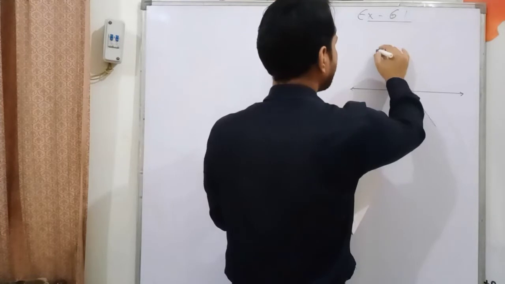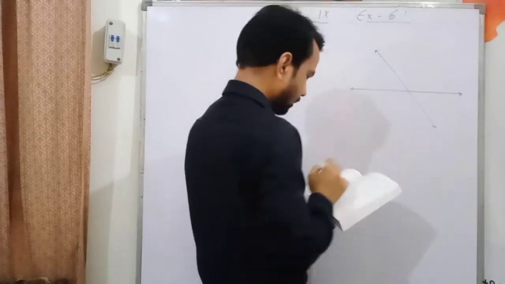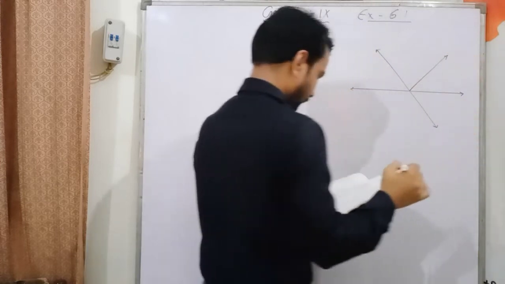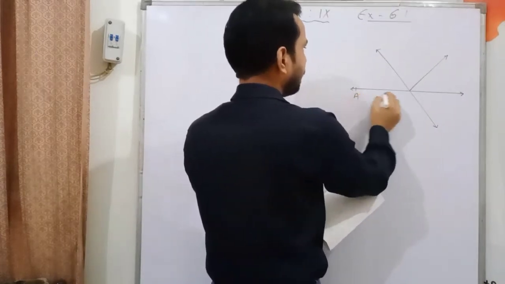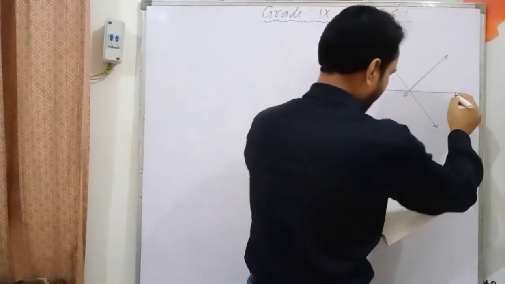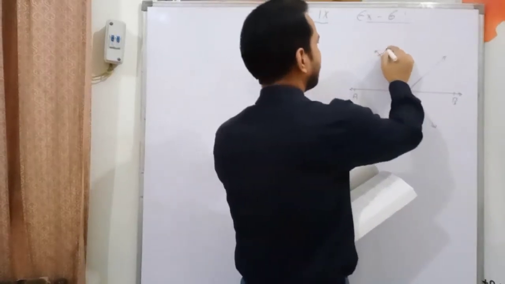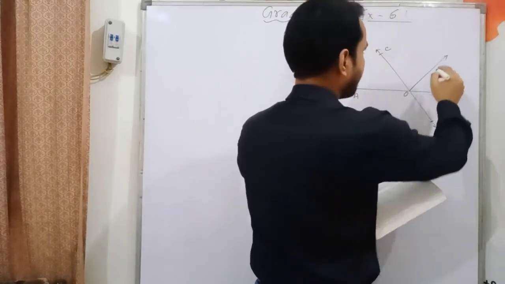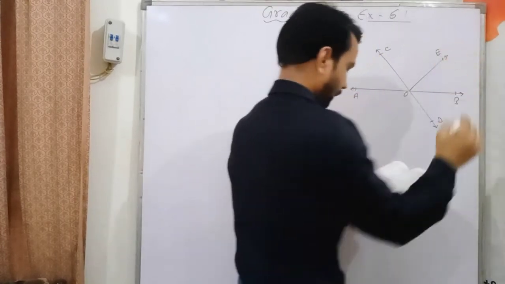There are two rays, two line segments, and this is another ray. This point is A, O, B, and this line is C, D, and this point is E.